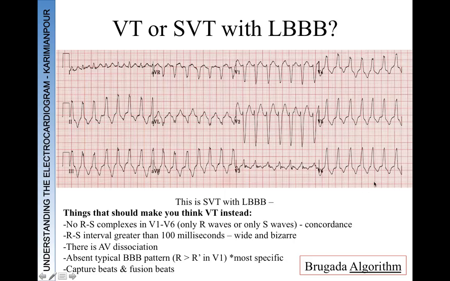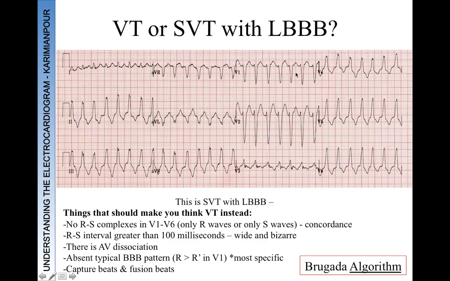We see an upright R prime, and if you were to zoom in, you could see the RR prime here in V4. So you have the findings of a left bundle branch block. And similarly, you should look for findings of a right bundle branch block. All of those should be clues. And if you don't see that, then you should think VT.